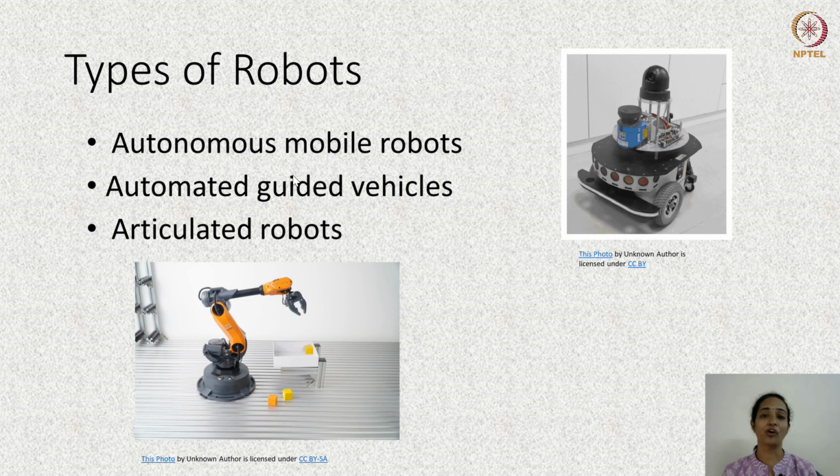For example, the autonomous mobile robot can sense the presence of a human being and can stop its movement to avoid collision with that human teammate. Some of the common applications of autonomous mobile robots are in warehouses, where a human teammate can ask the autonomous mobile robot to identify a parcel, pick the parcel and bring it for dispatch. These robots require very little human inputs to do their job.